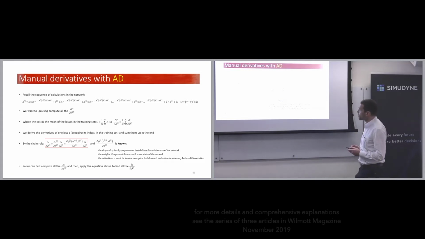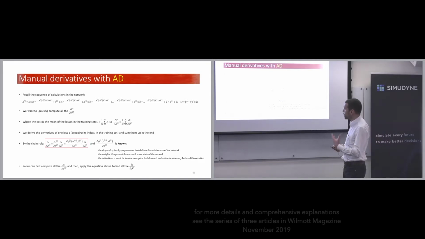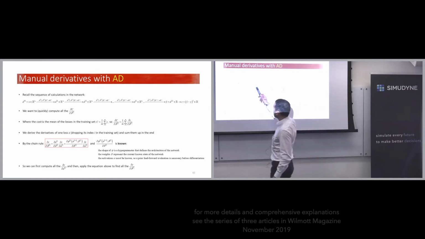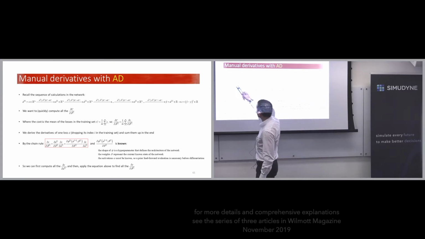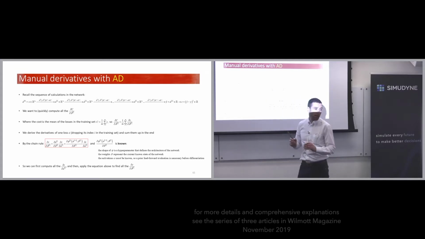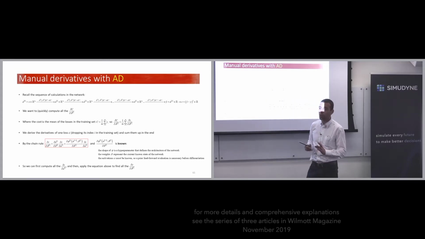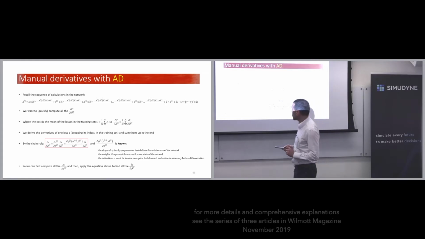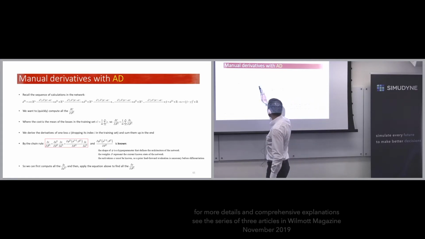Well, since finite differences will not work for you, let's see if we can calculate the derivatives we need analytically. So recall the sequence of calculations in the network. It's got this neat, what I call Markov property, with a slight abuse in wording. The important bit here is that every intermediate result, every layer, only depends on the previous intermediate result, on the previous layer.